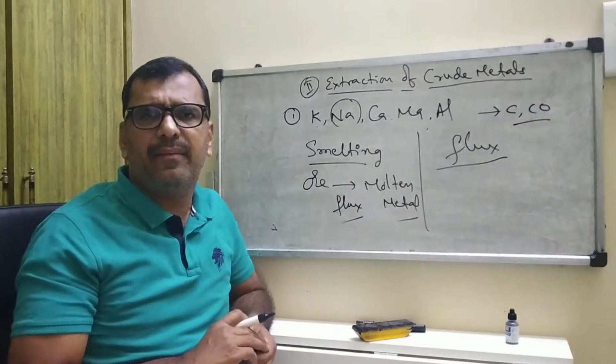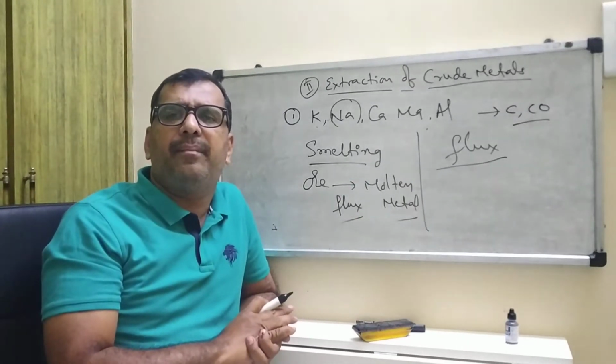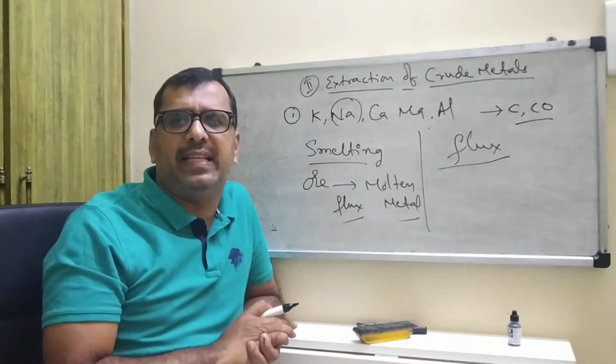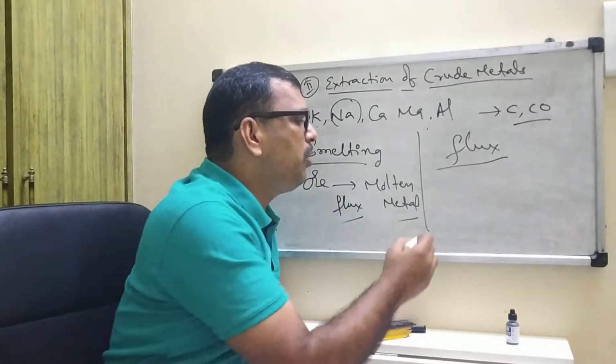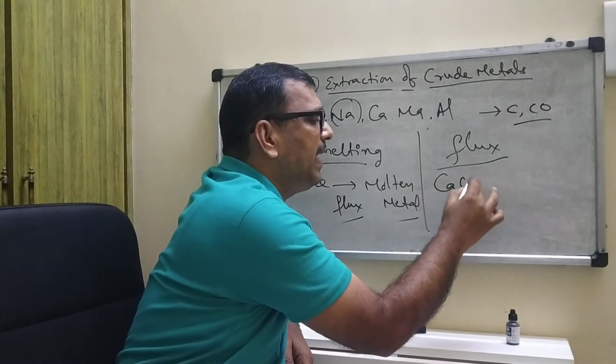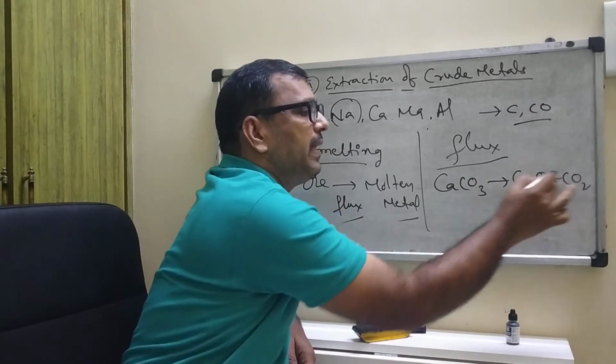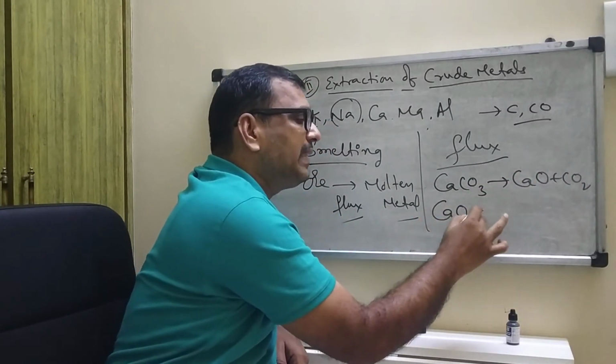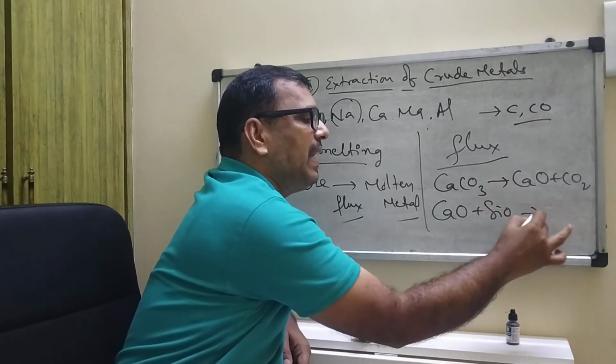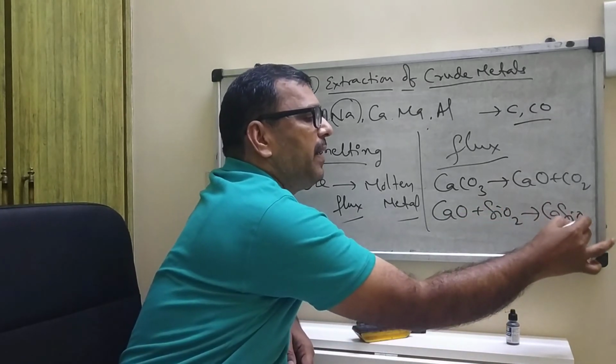What is flux? Flux is a material which combines with impurities. Suppose you take CaCO3; naturally it decomposes to form CaO and carbon dioxide. This CaO combines with silica sand to form calcium silicate.